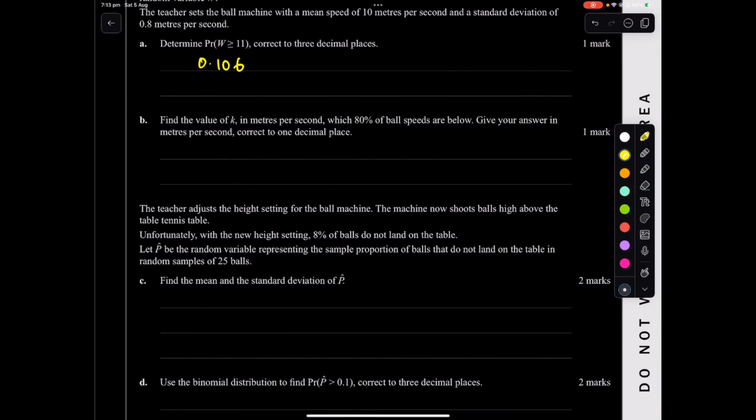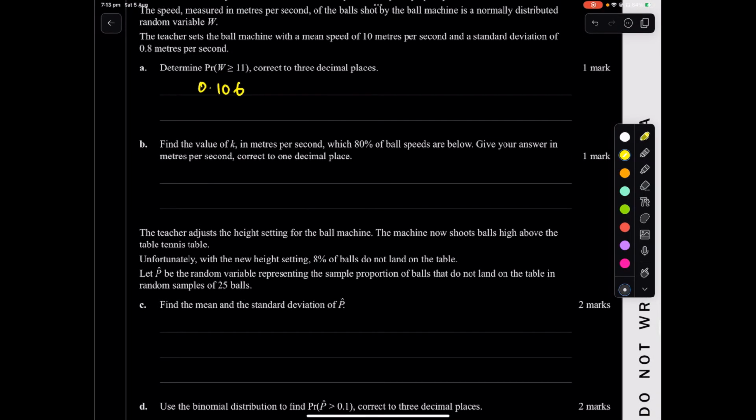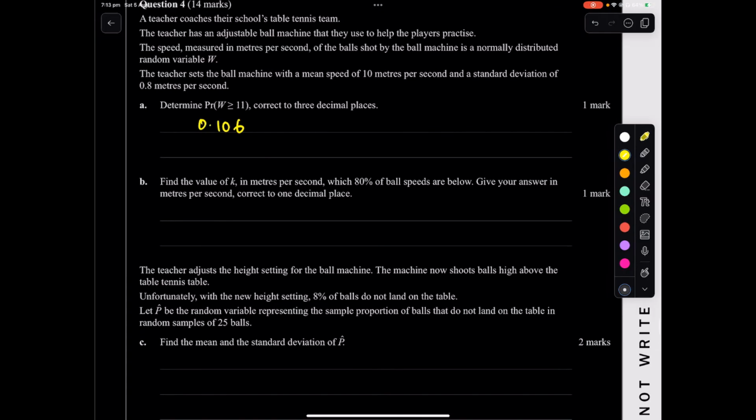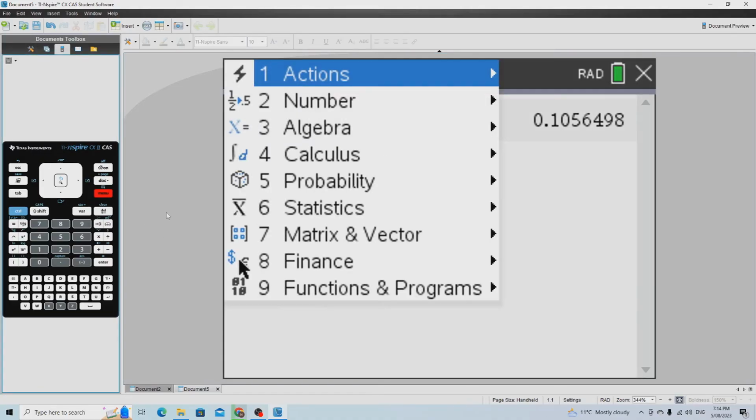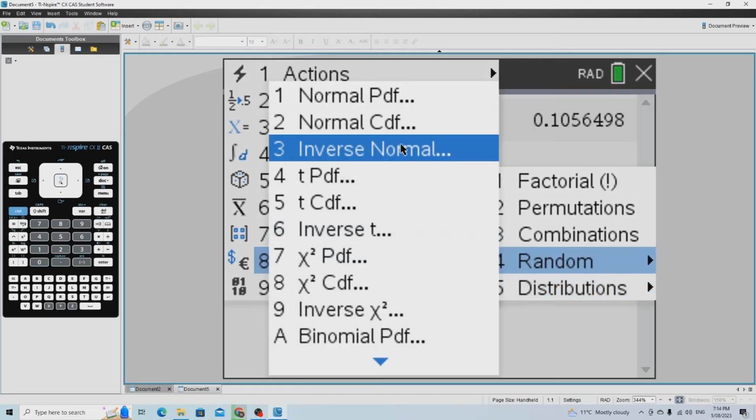Find the value of k in meters per second, which 80% of the balls are below. So, if we draw this and say that some value of k is here, and we know that 80% of the ball speeds are below this, this whole area is 0.8. We can just use on our calculator, probability distributions, inverse norm.